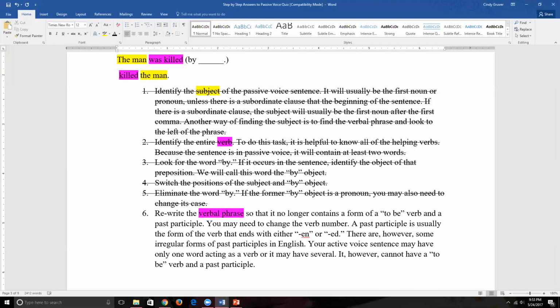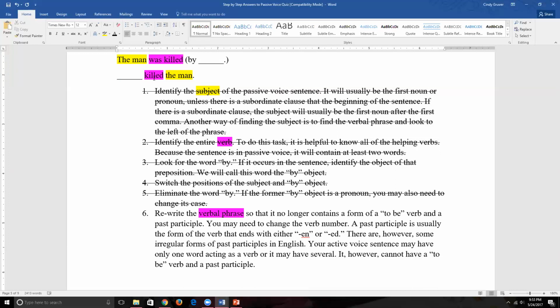Or we could, whatever we want to add. Obviously, we can't have a blank. So you'll have to look to context to see what noun or pronoun will have the same meaning under the circumstances. Again, that's one of the reasons why people use passive voice, because when you don't know the agent that has done the action, passive voice is an easier way of writing.